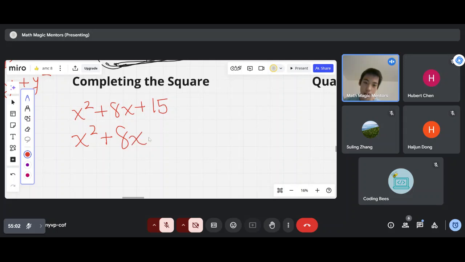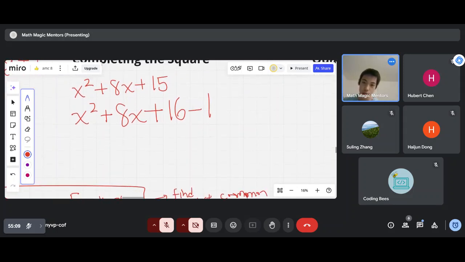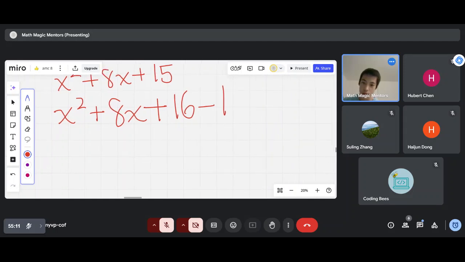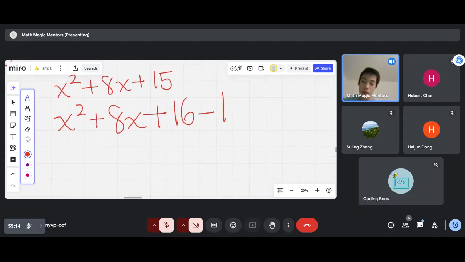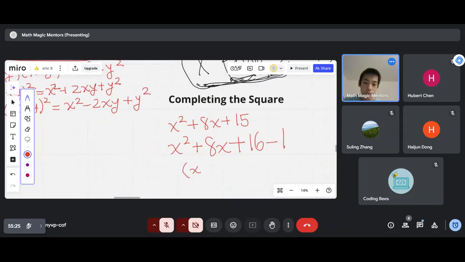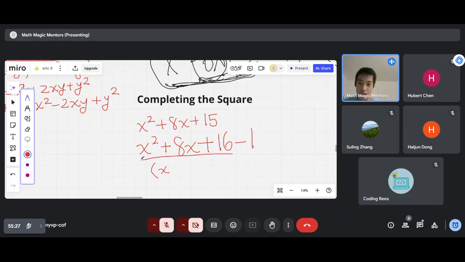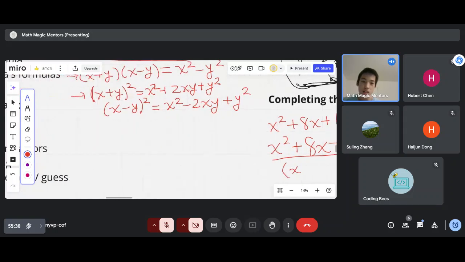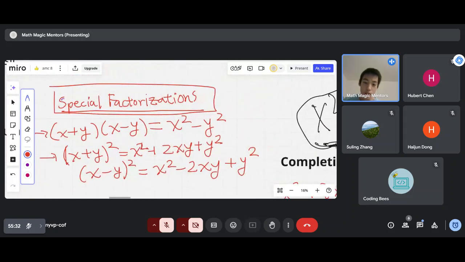And that is by writing the expression like such: x squared plus 8x plus 16 minus 1. So you may be like, well, where does the minus 1 come from, right? So watch what happens when you see that this underlying expression is just the perfect square trinomial with y equals 4.